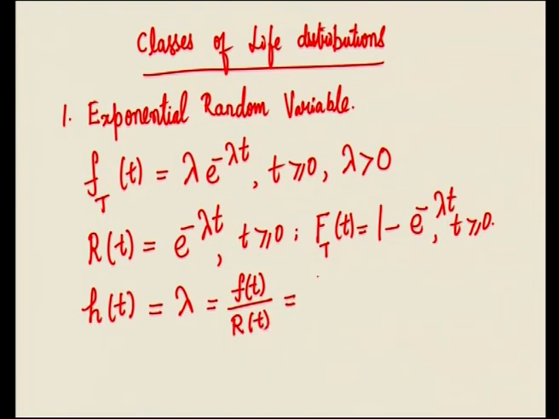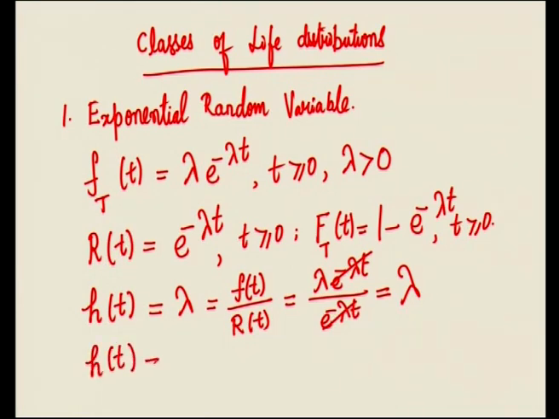So, this is given by lambda e power minus lambda t divided by capital R of t, which is e power minus lambda t. Hence, we have this as lambda because e power minus lambda t gets cancelled. So, for an exponential random variable, the hazard rate function h of t is given by lambda.